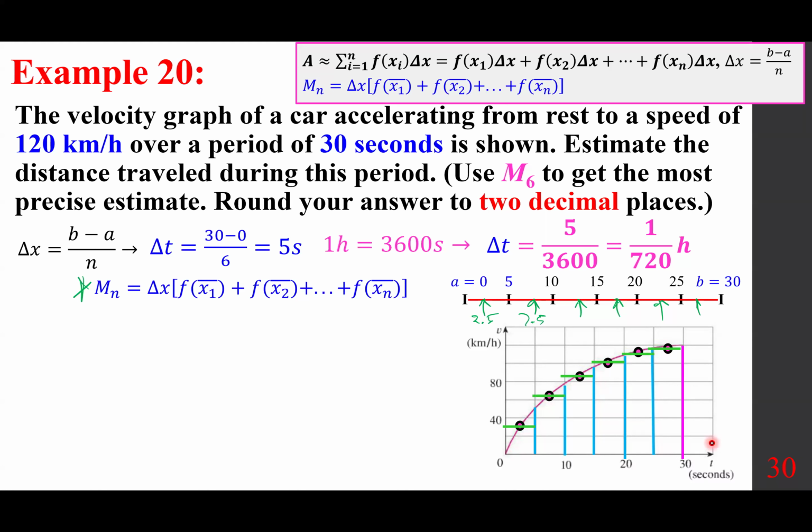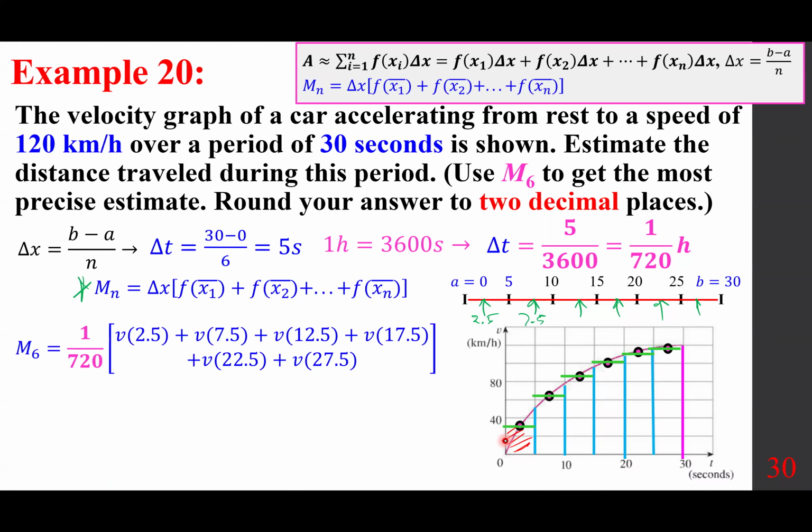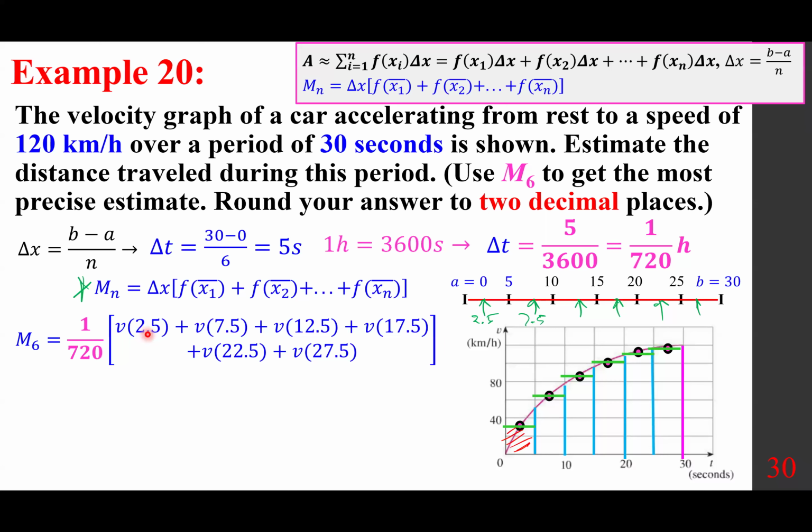That's the idea. So for the sake of argument, take the first one. That would be this width, which is fixed: delta t is 1 over 720 hours, times this height. And this height, you do the reading. The heights are the velocity at 2.5, as I mentioned here, 7.5, and then you add 5: 12.5, 17.5, 22.5, 27.5.